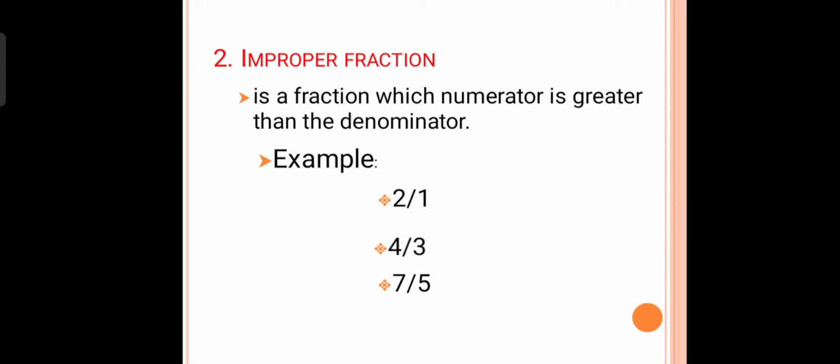The numerator is greater than the denominator. 2 is greater than 1, 4 is greater than 3, and 7 is greater than 5. So, if the numerator is greater than the denominator, then that fraction is called an improper fraction.